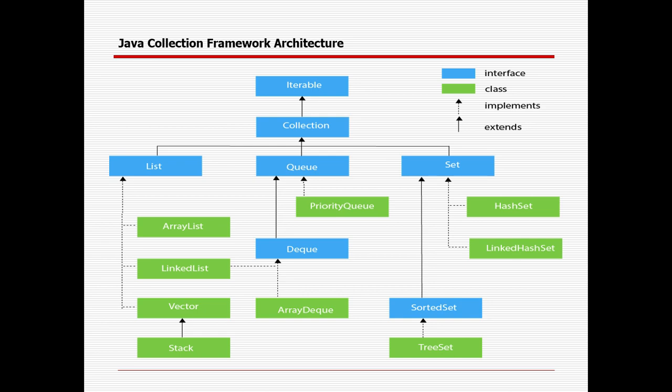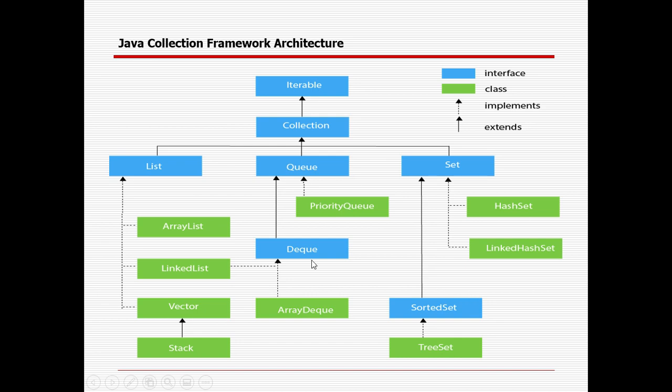So it is starting from the Iterable interface, and then Collection, and in the Collection interface you can see there are a lot of interfaces available: List, Queue, Deque, Set, SortedSet.